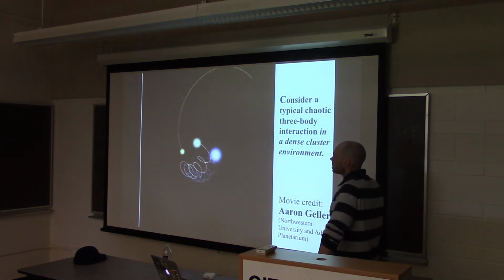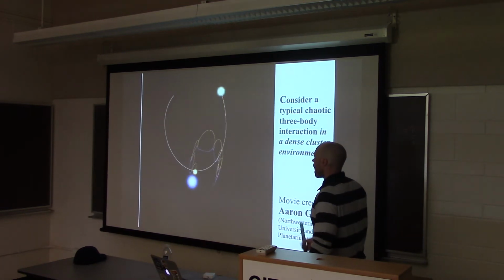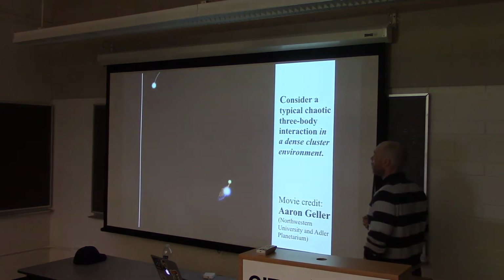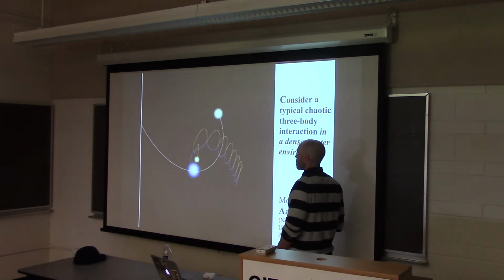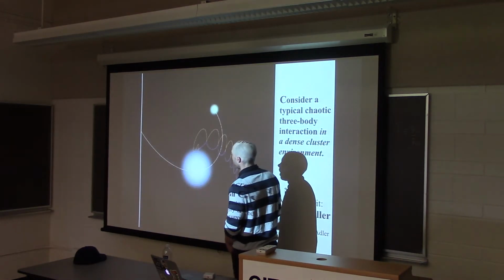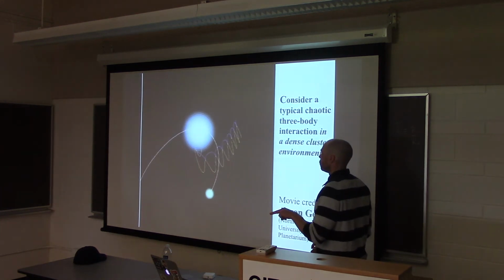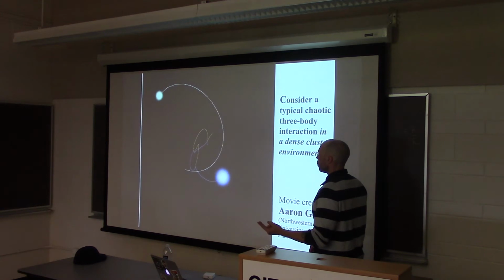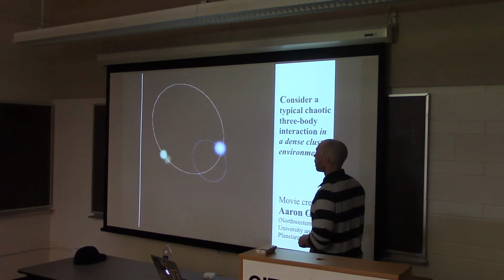However, we could have just as easily followed the other binary, which now has a black hole swapped into it, and that binary may very well go off and encounter another stellar mass black hole, and the process repeats. And since it's the most massive objects that tend to be left gravitationally bound in the binary, you've systematically turned a stellar binary into a binary composed of two black holes. And this is what we need in order to have these two black holes later merge for detection by LIGO.